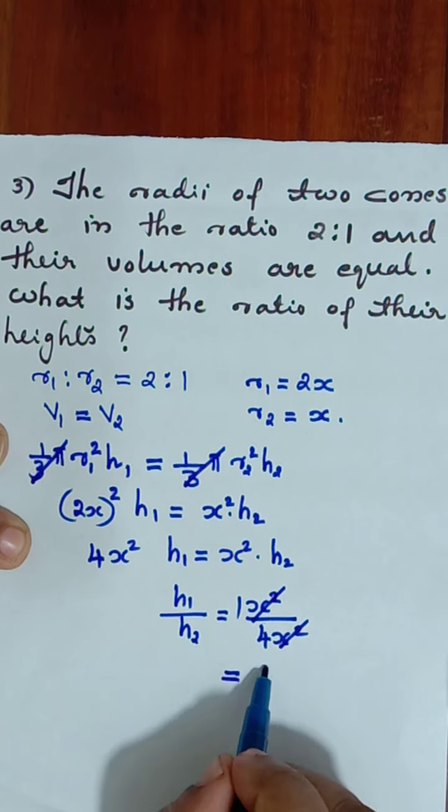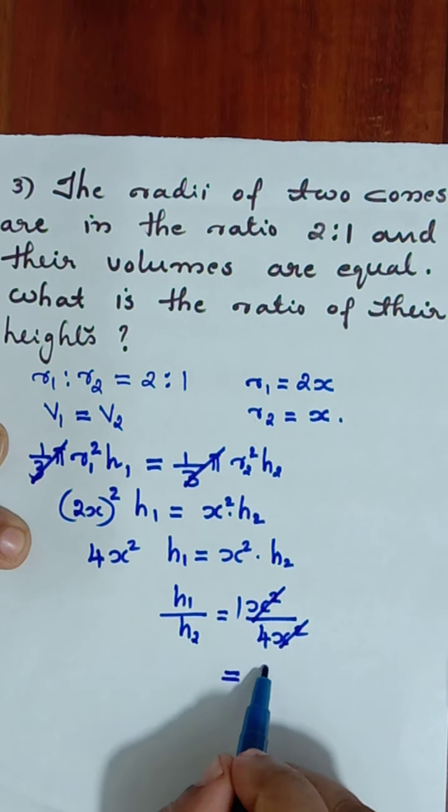Let us see the sixth question. 500 persons are taking a dip into a cuboidal pond which is 80 meter long and 50 meter broad. What is the rise of water level in the pond if the average displacement of the water by a person is 0.04 meter cube? So 500 persons are taking a dip into the cuboidal pond.